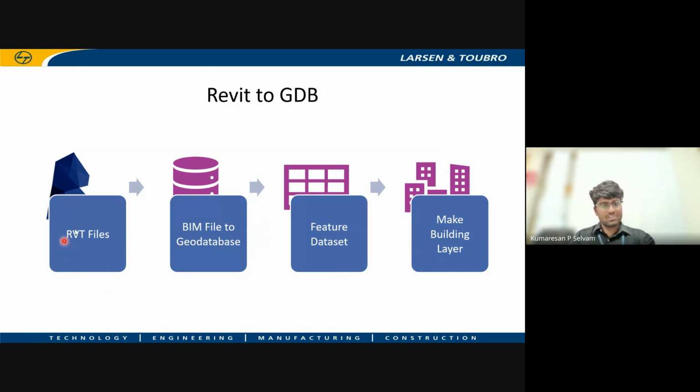Revit files are first opened using BIM file to geodatabase tool, and then all the future data sets are to be defined, and each and every layer is to be created, and that is how the whole model is brought here. This is somewhat more complex methodology which cannot be understood just by this flow chart. Only with experience you can understand the methodology.